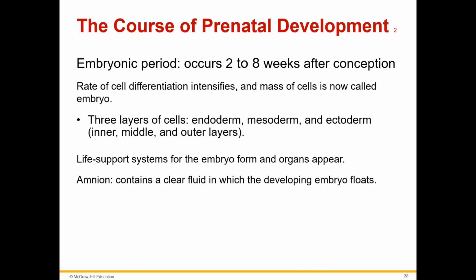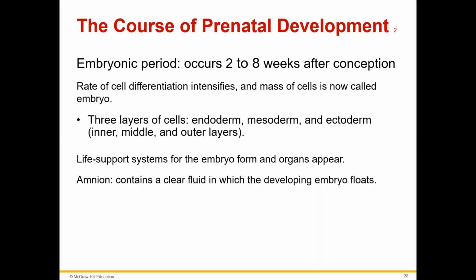The amnion surrounds the developing embryo. It contains a clear fluid, which of course we call amniotic fluid. The embryo floats within the amnion.